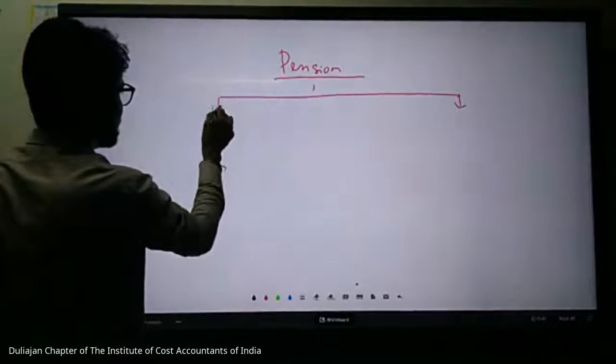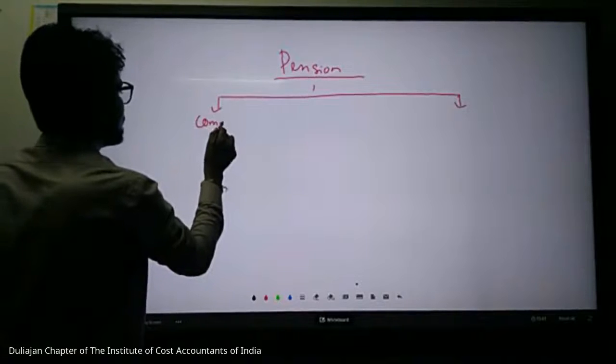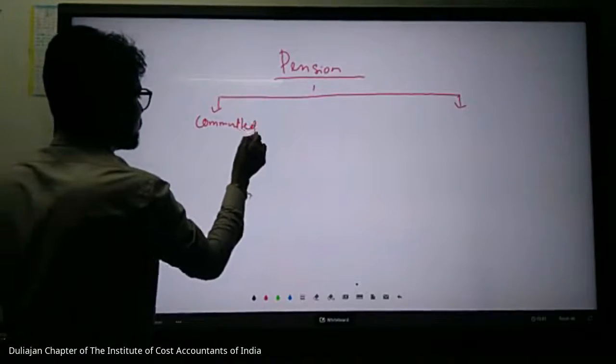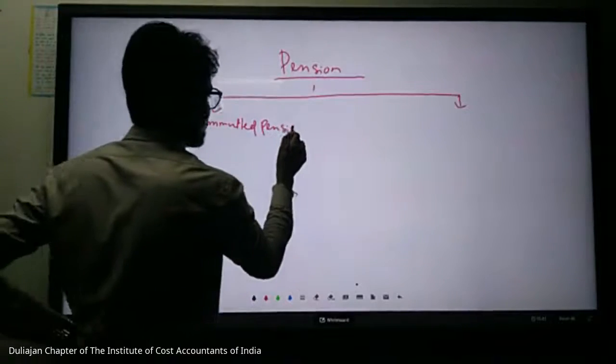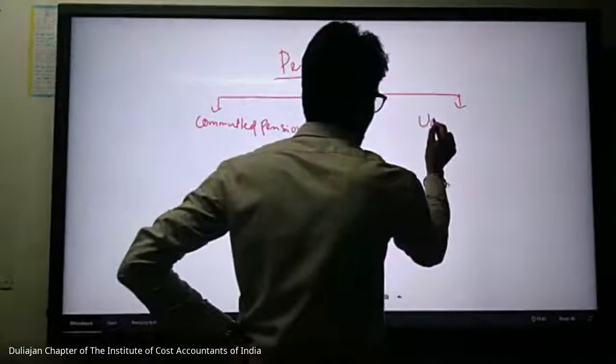The pension can be commuted pension and it can be divided into two parts.